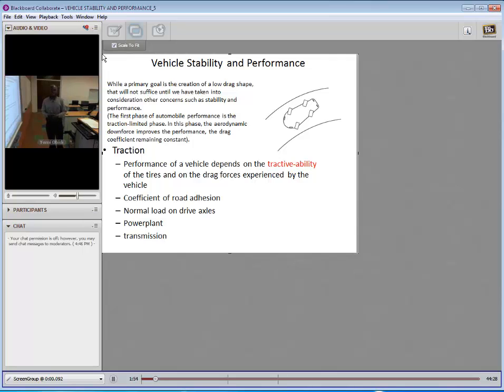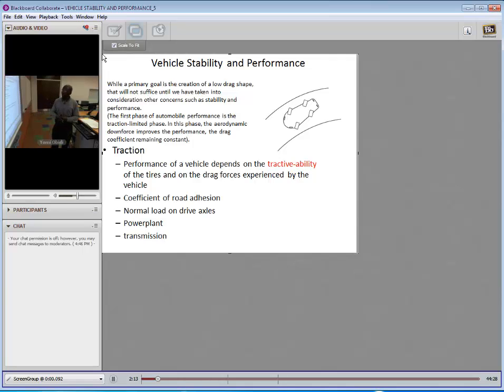So we get the benefits of aerodynamic downforce, but we now have a higher drag coefficient. And in the third phase, you don't get any additional benefit from increasing the downforce. It just stays flat.